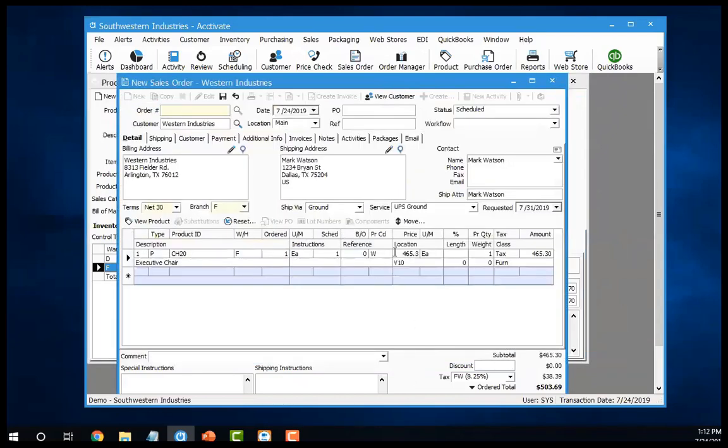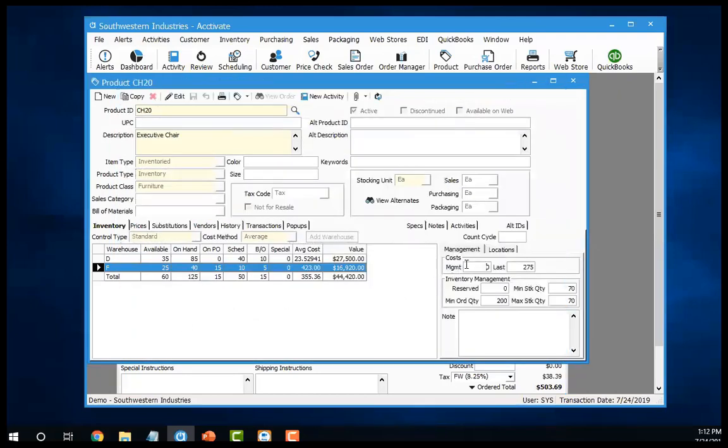Our price is $465.30 because this is in the F warehouse. And that's an example of how cost-based pricing works with those different price types. And again, you can do this based on the management cost, the management cost that is set, or the last cost in the warehouse. So you've got some options in how that works.